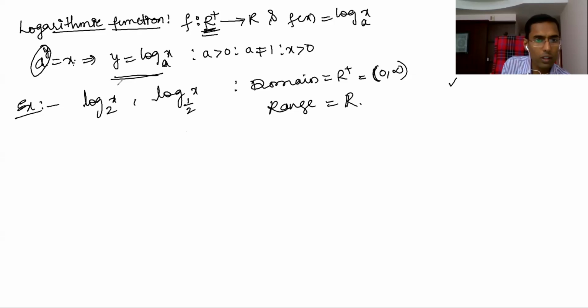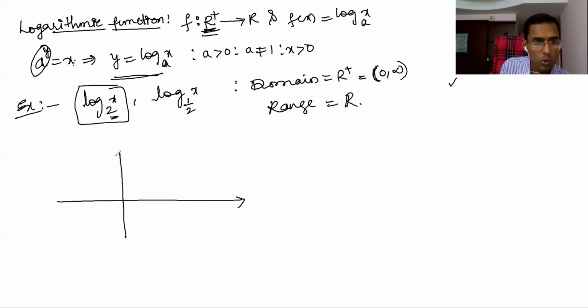Now let's take the graph of log x to the base 2. It is exactly opposite to e power x. Log 0 is not defined, but log 1 is 0. Why?